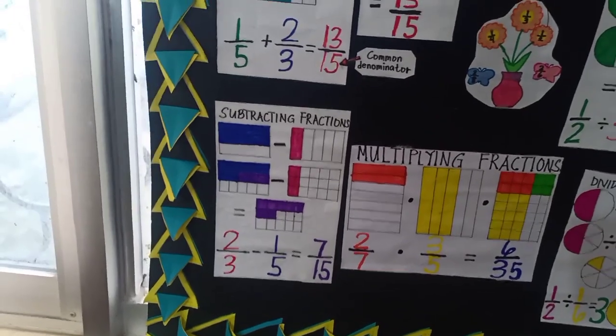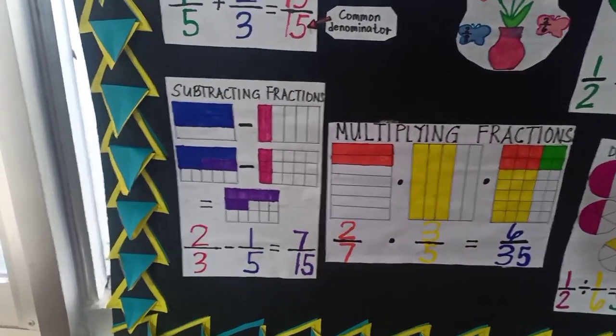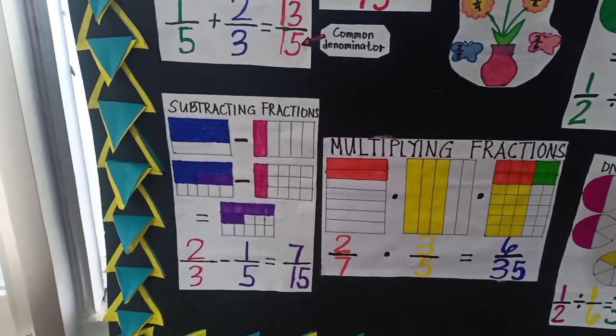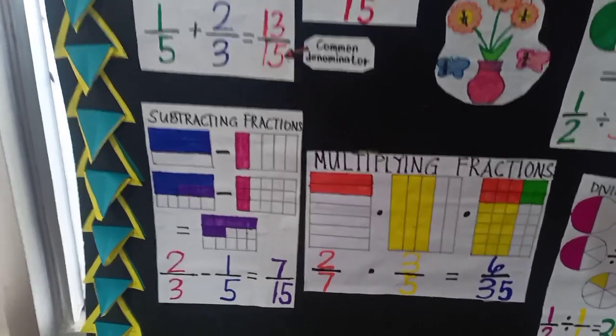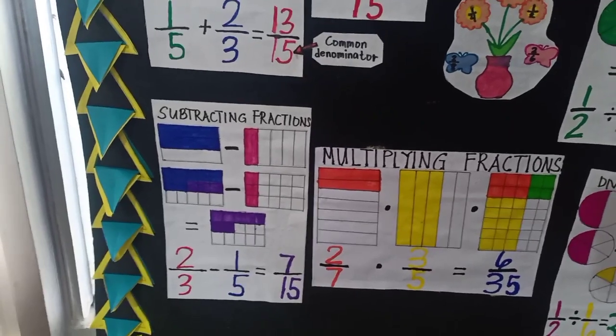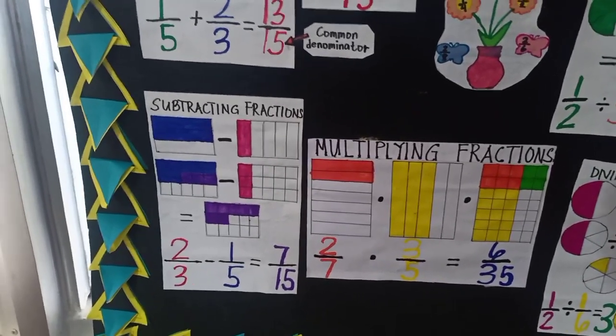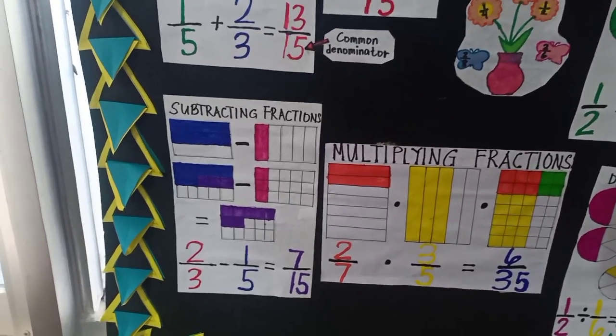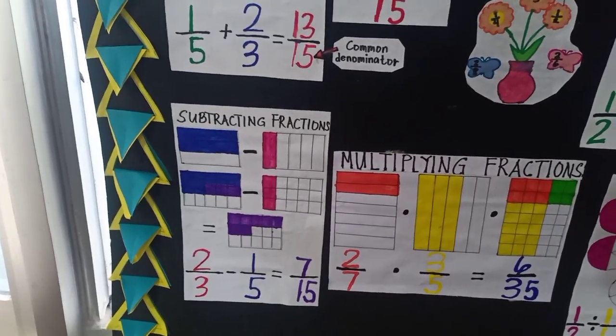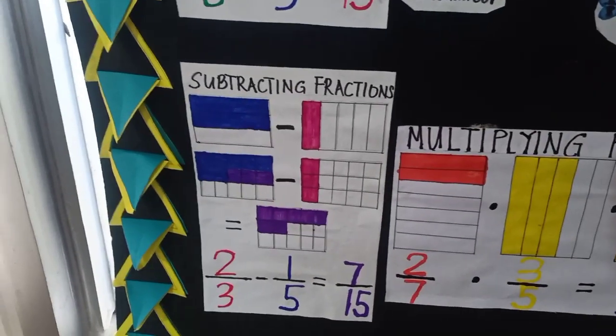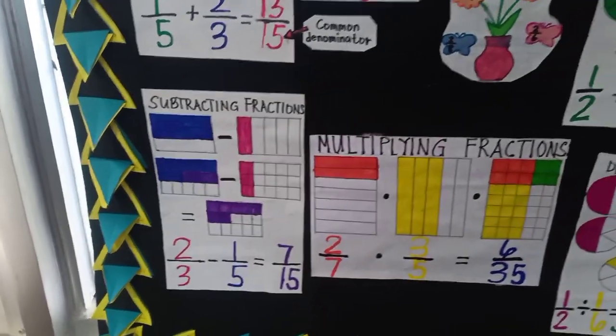So, the least common multiple of 3 and 5 is 15. So, 15 divided by 3 is 5 times 2 is 10. And then 15 divided by 5 is 3 times 1 is 3. So, we shaded it already. So, 10 minus 3 is 7 over 15. So, we shade 7 over 15. So, 7 over 15 is the final answer.